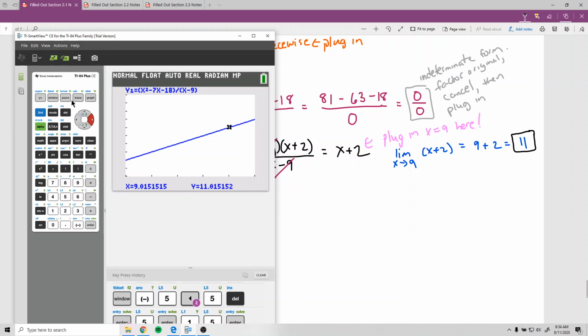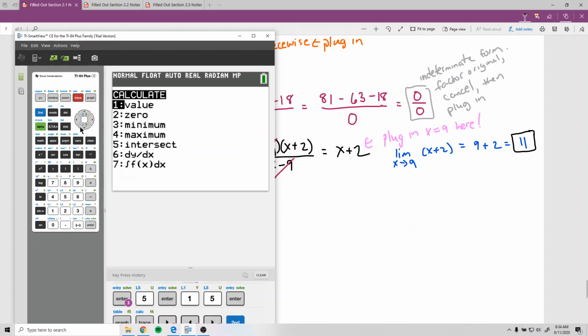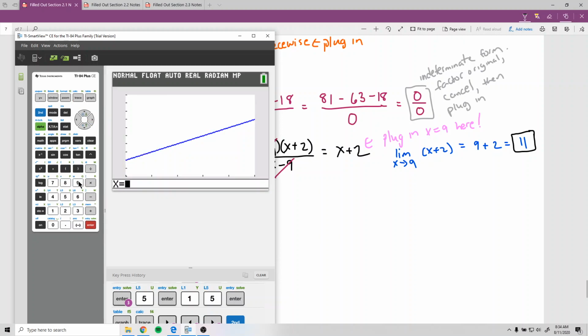What I want to point out here, there's no hole in the graph, so you wouldn't think there would be a hole there. But if we try to calculate the value f of 9, so if you plug in x equals 9, it's going to tell you the y value when we plug in x equals 9, and you'll notice that there's nothing. That means there's a hole there because the y value does not exist.